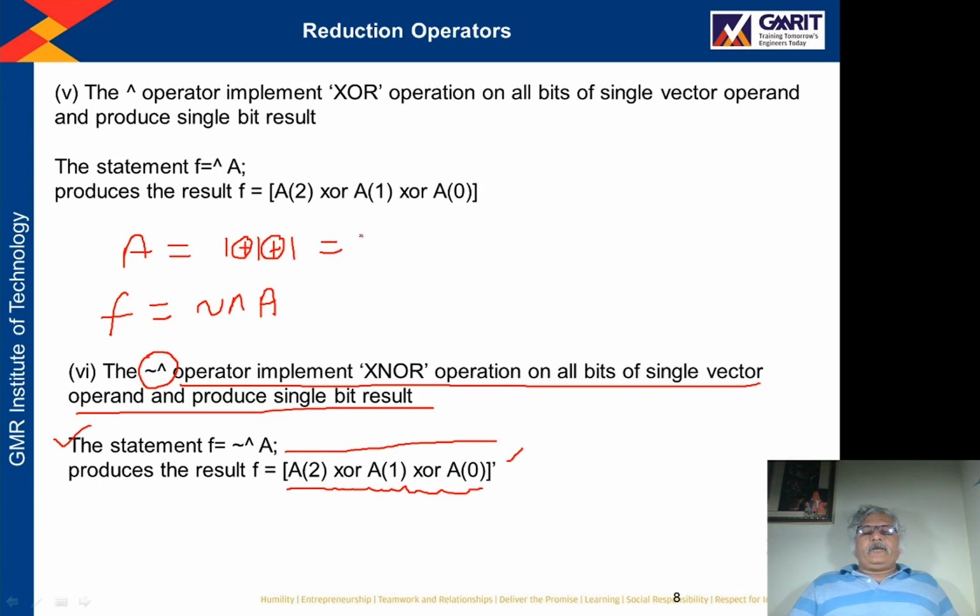This will give us the result 1, and this tilde will complement this. So this will give us the result 0. So with this to F 0 will be assigned, right? So in this way we have discussed about the reduction operator in this lecture.